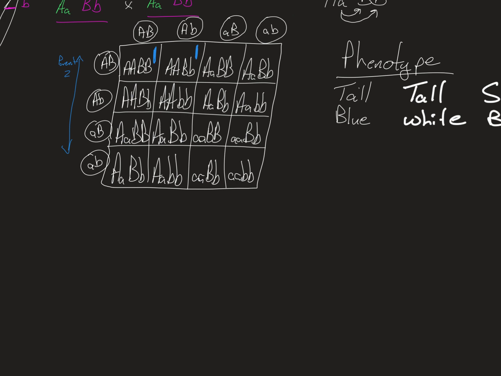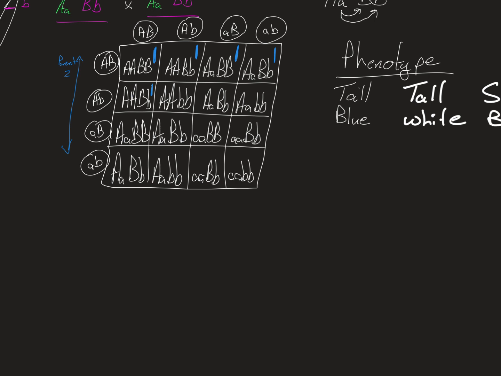Because this is outrageous. All right, so tall and blue, even though there's a little B there. And here's a little A, but it's still tall and blue. Over here you see it's tall and blue, even though there's a little A and a little B there. This is tall and blue. The next one, is it tall and blue?